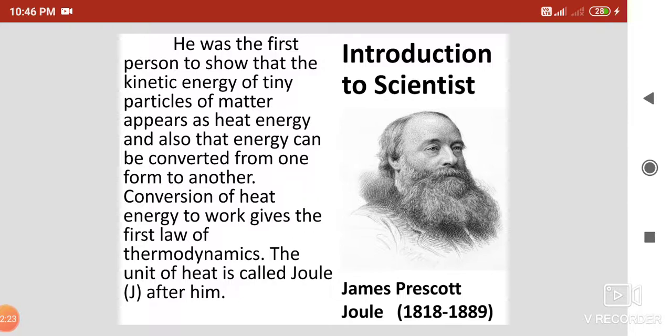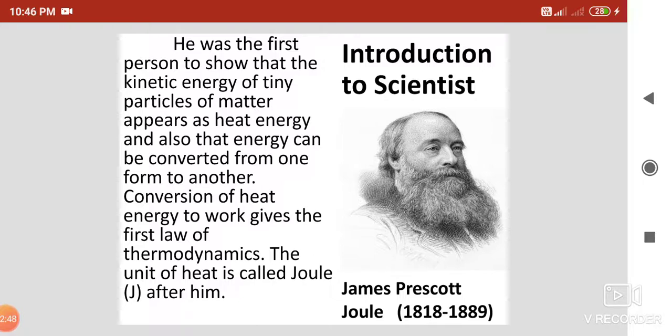Energy can be converted from one form to another, and the conversion of heat energy to work gives the first law of thermodynamics. Thermodynamics is a branch of science where we study the interconversion of heat energy. Thermo means heat and dynamics means transfer.